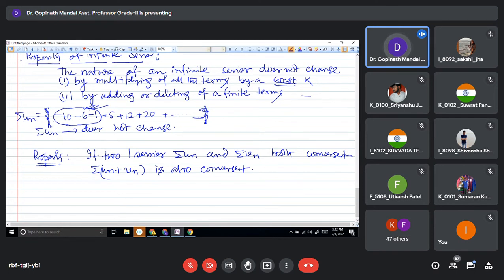If series un and vn both are convergent, then the series un plus vn is also convergent.